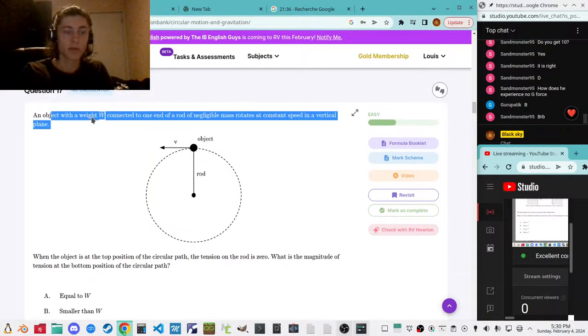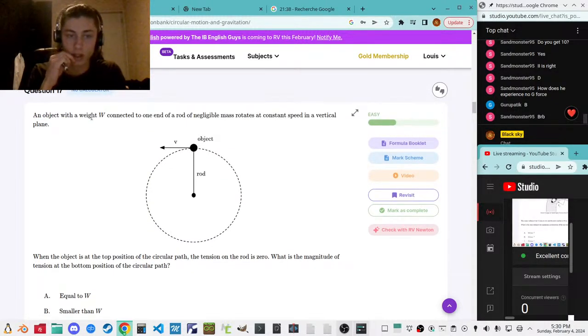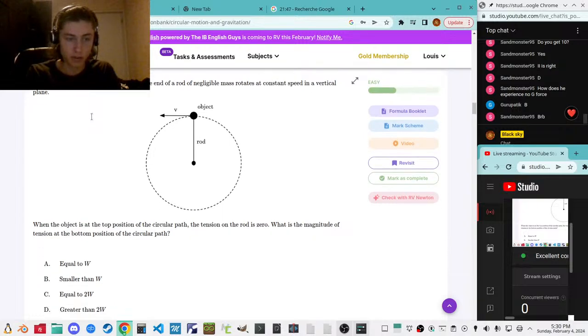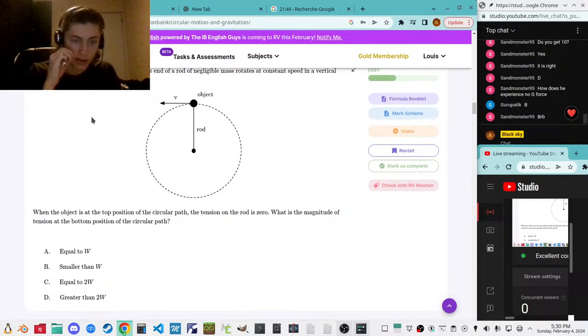Anyway, an object with a weight W connected to one end of a rod, negligible mass, rotates at a constant speed in a vertical plane. Okay, we're in vertical again. When the object is at the top position of the circular path, the tension on the rod is 0.